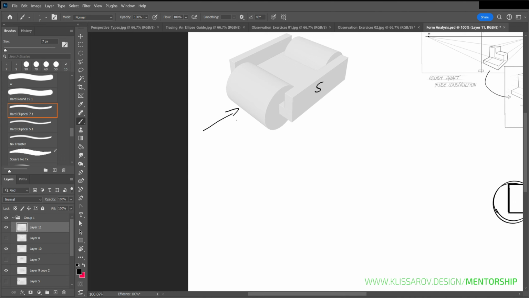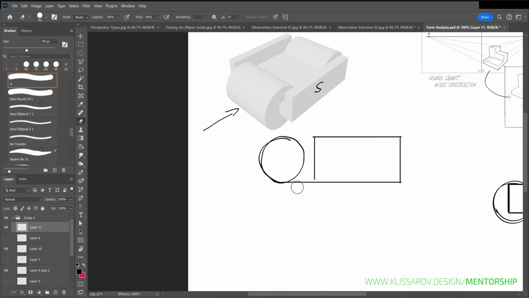A cylinder is very easy, actually. From one side, a cylinder is a circle, okay? From the other, either way you turn it, this cylinder is a rectangle. I don't even know the word in English. I think it's rectangle.